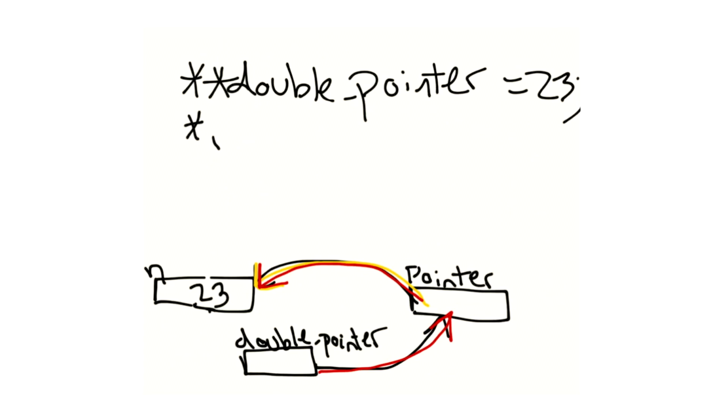Notice that the dereference and address of operators are inverses of one another. This allows me to do something like star ampersand n equals 42. While this works, you should never do something like this in practice.